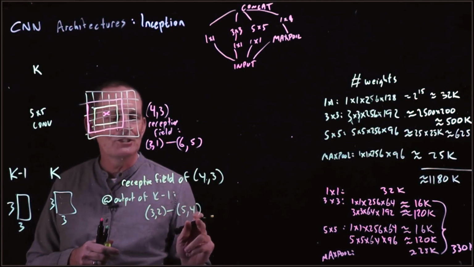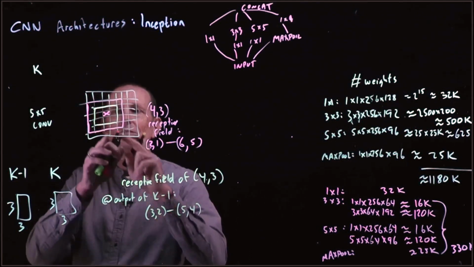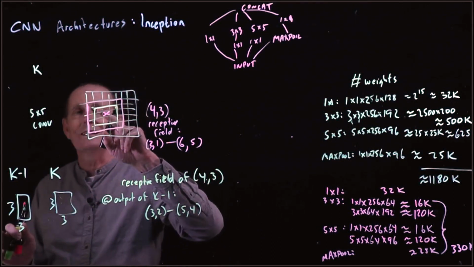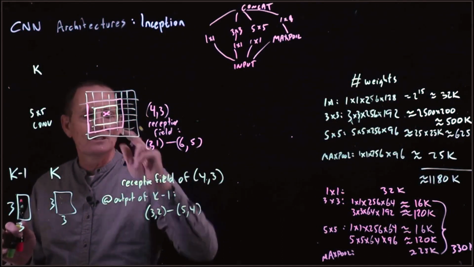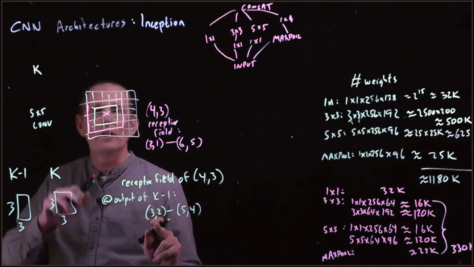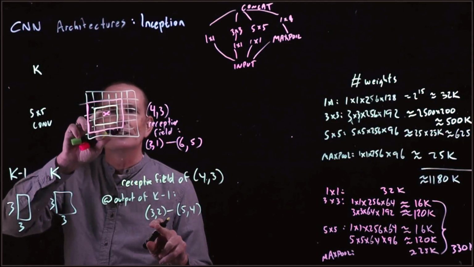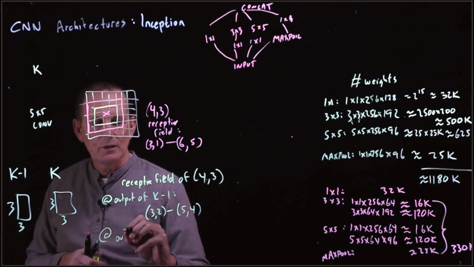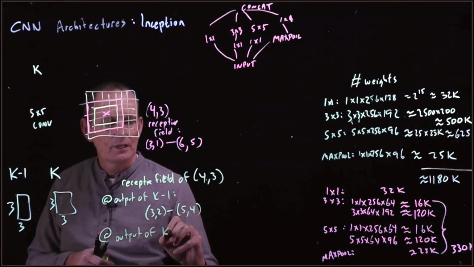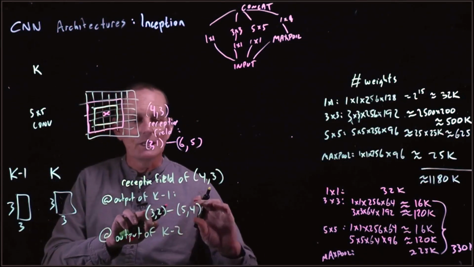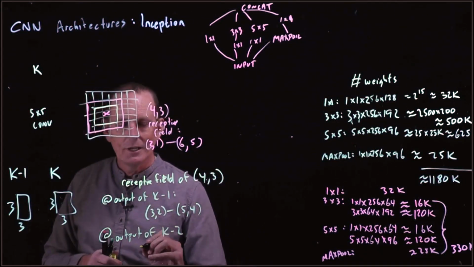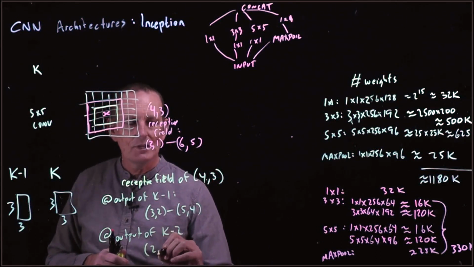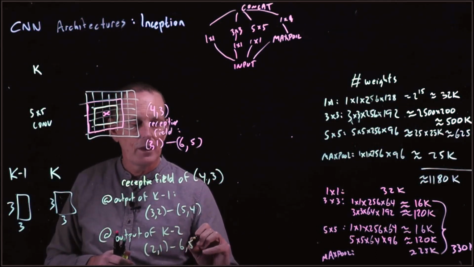But now if we look at each of these, for instance, the receptive field of 3, 2 with respect to its previous layer is going to be 2, 1 all the way to 4, 3. So if we look then at the output of K minus 2, for each of these in this 3 by 3 value, it's going to get us to that same 2, 1 to 6, 5.